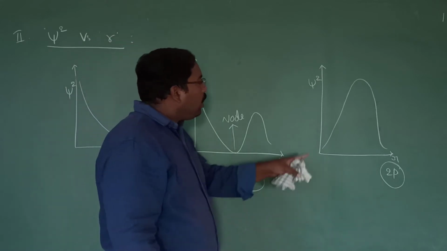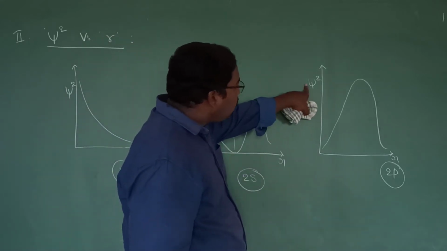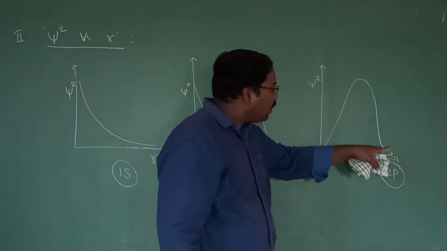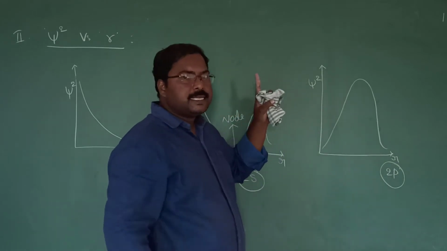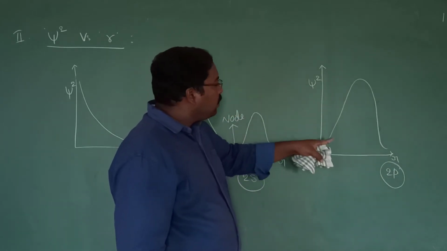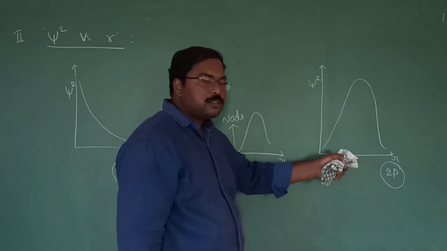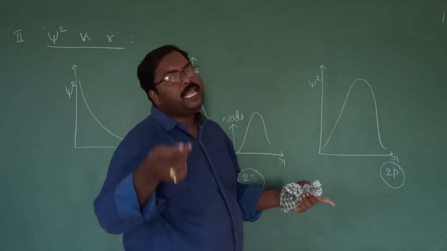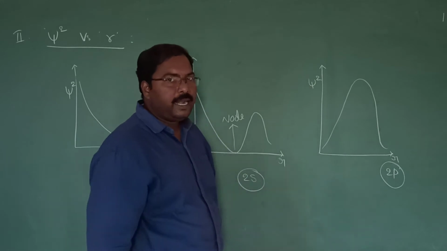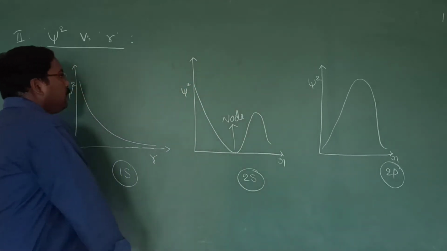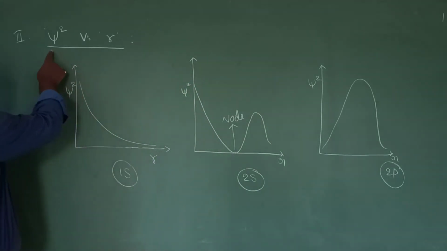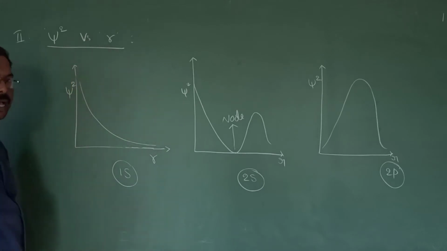Now coming to the graph for psi square versus r for 2p, it will be the same as psi. Is it touching the axis? No, it is not touching. So 2p doesn't have any nodal regions. Right? So these are the second type of graphs drawn between psi square versus r.